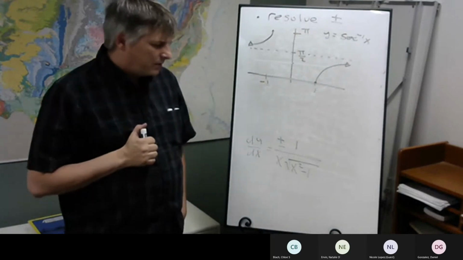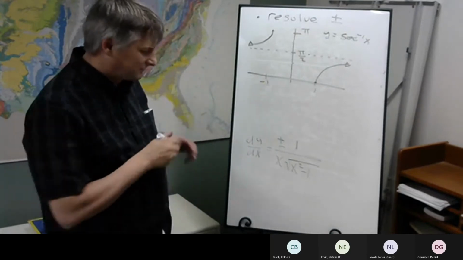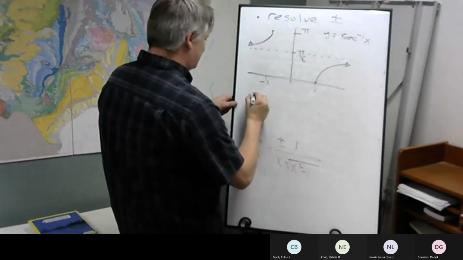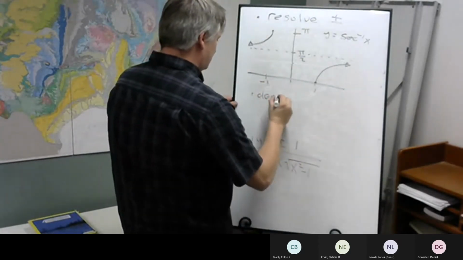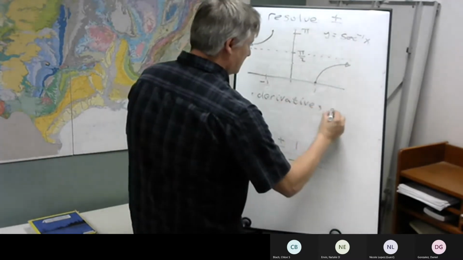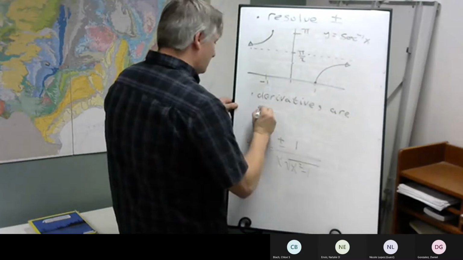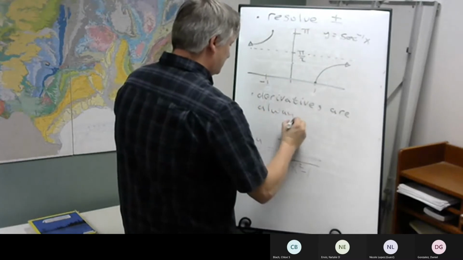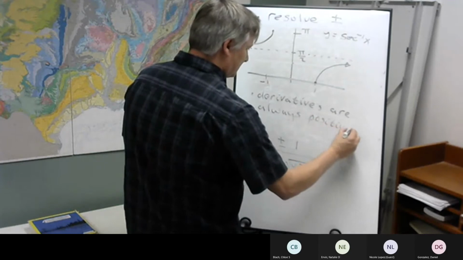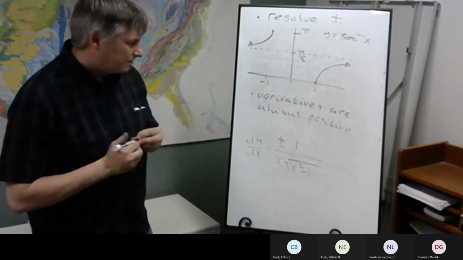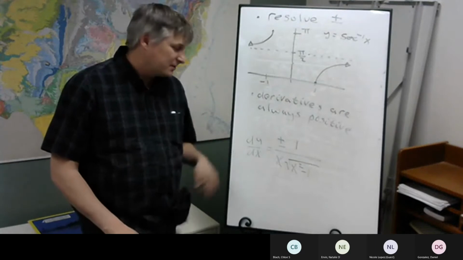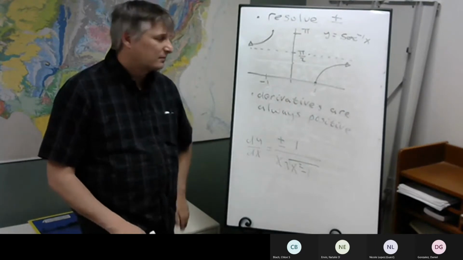So we want to notice something here. The derivatives are always positive. So when we choose to attach a plus or a minus to this derivative, we have to make a choice.